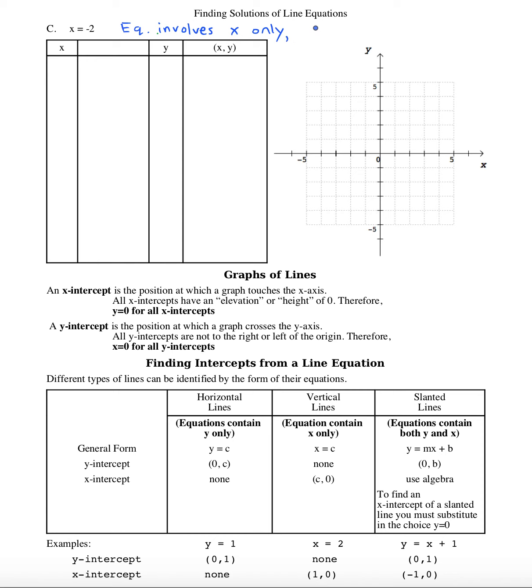Well, even though the x-axis is horizontal, when you restrict x to a particular value, such as -2 here, it means you can't move left and right from that spot. You can only go up and down. So this is a vertical line.